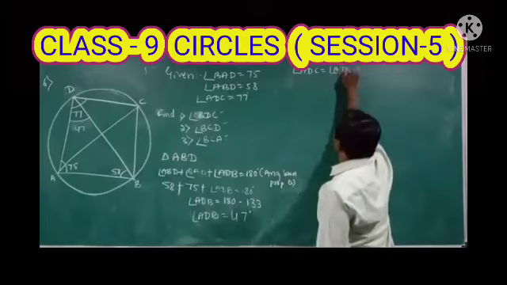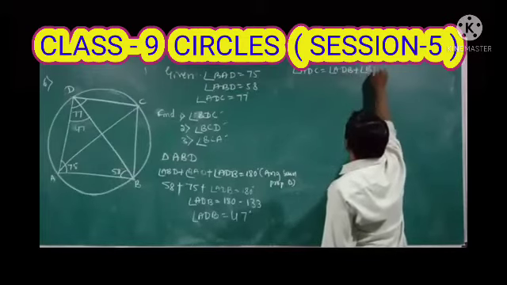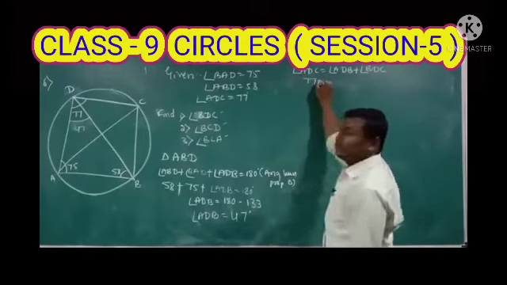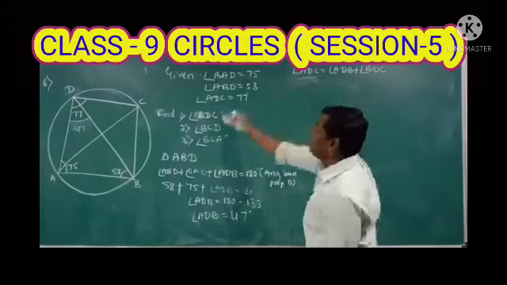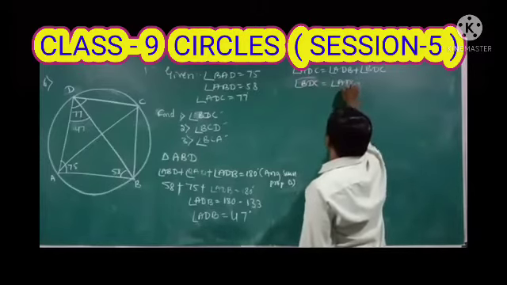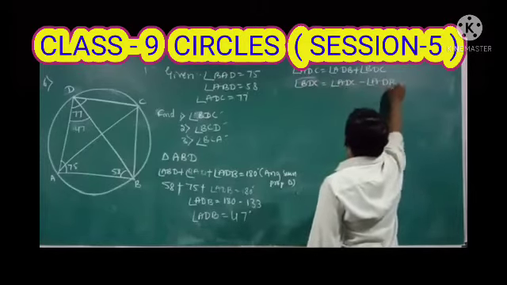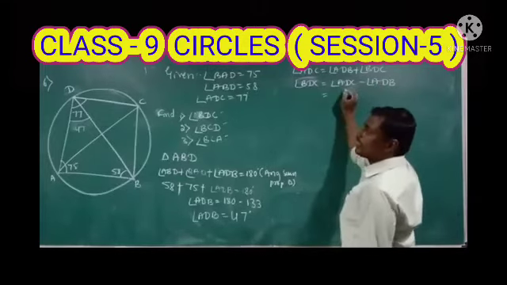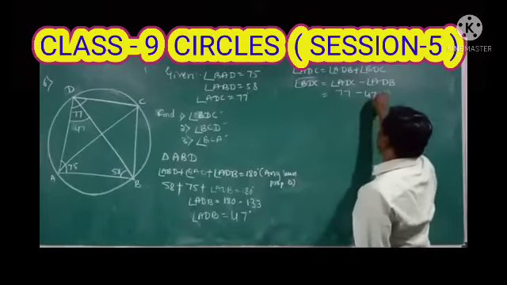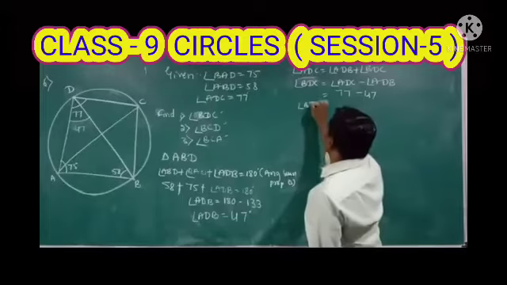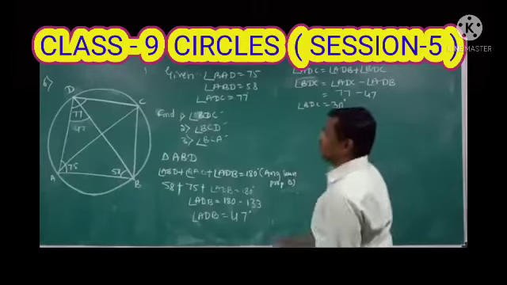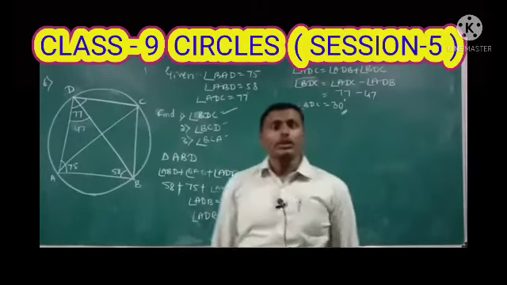Angle ADC is 77, and we need to find angle BDC. So angle BDC is equal to ADC minus ADB. The complete angle ADC is 77 degrees minus ADB, already calculated as 47 degrees. Therefore angle BDC is 77 minus 47, which is 30 degrees. We have completed the calculation of the first angle.